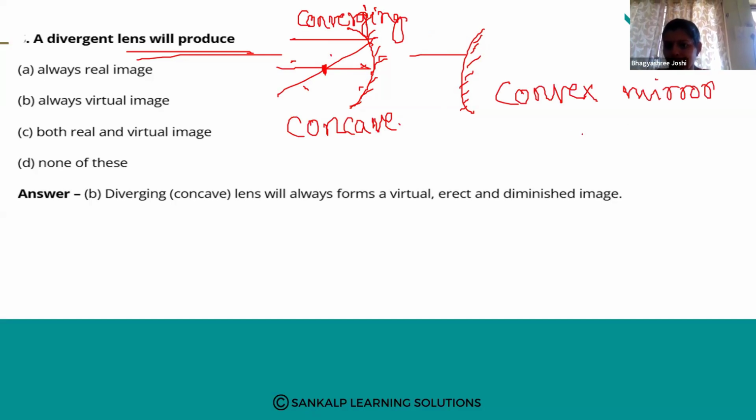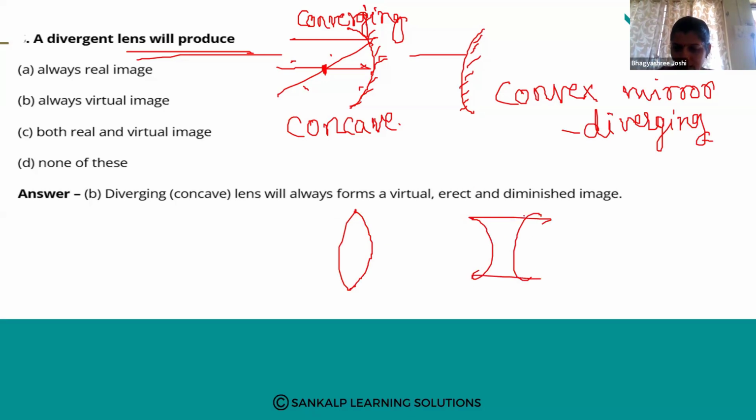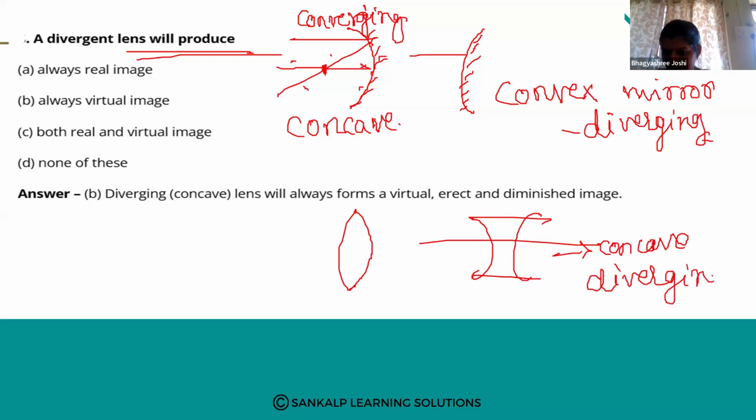Convex mirror, what do we call it? This is a diverging mirror. But in case of lenses, what happens? This is a convex lens and this is a concave lens. So here it is exactly opposite. Concave lenses are called diverging lenses. And convex lenses are called converging lenses.